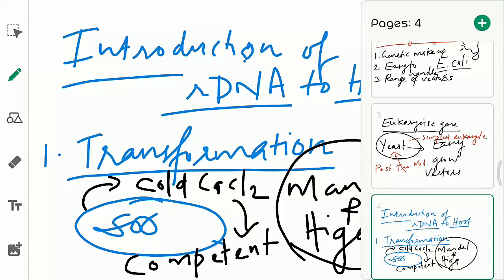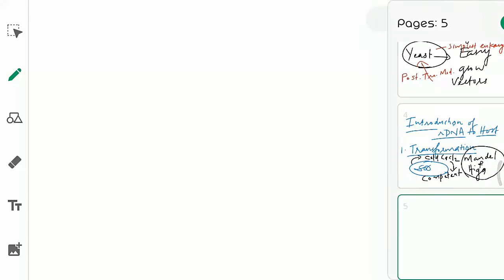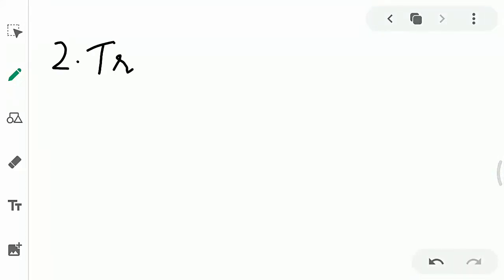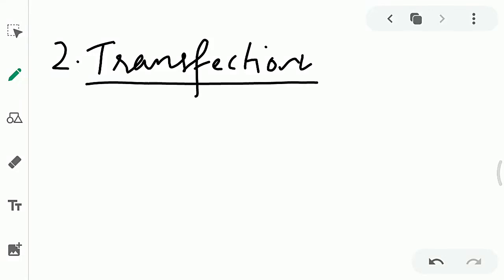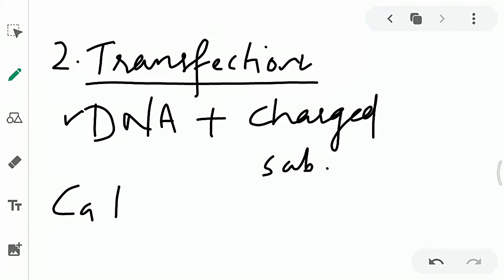Now, the next technique is transfection. The second technique is transfection. Here, this foreign DNA is mixed with some charged substances, like calcium phosphate.